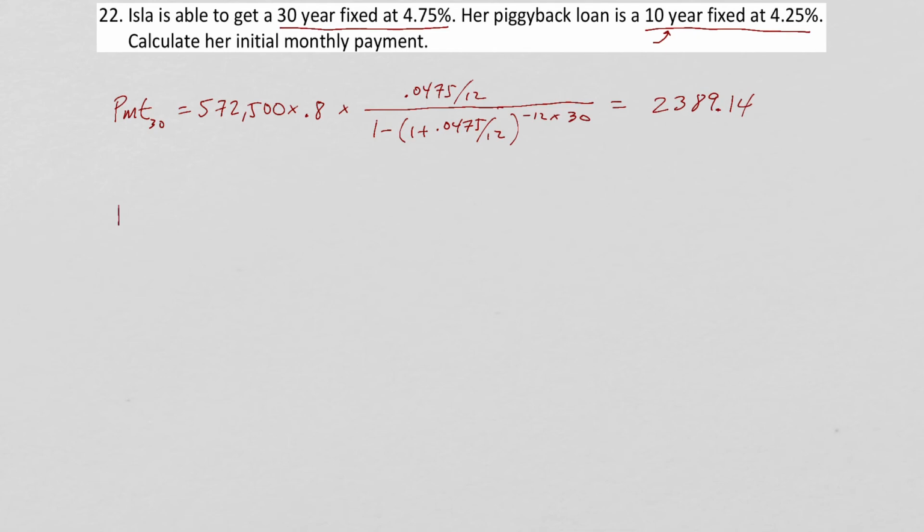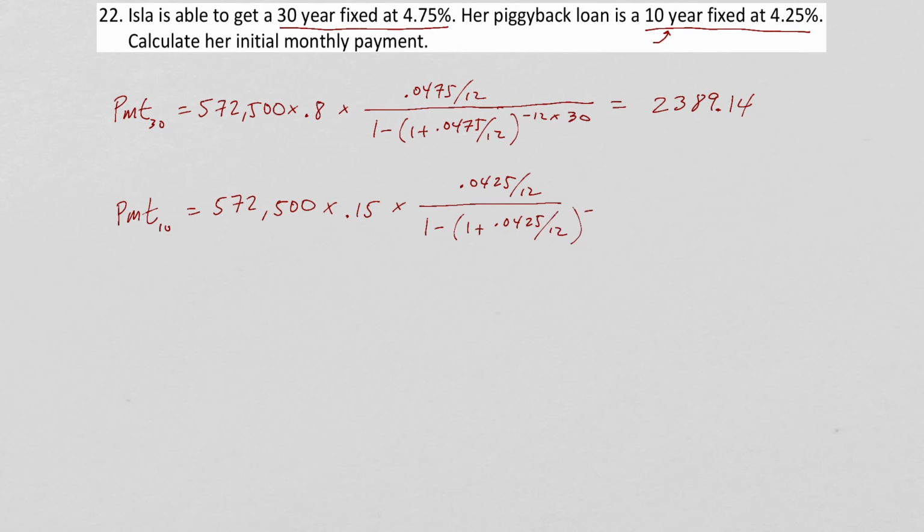So let's do the calculation on her piggyback loan. This is a 10-year loan. Okay, so this is going to be $572,500. That's the purchase price, but we're only borrowing 15%. And the rate on this is 0.0425 divided by 12, to the negative 12 times 10.